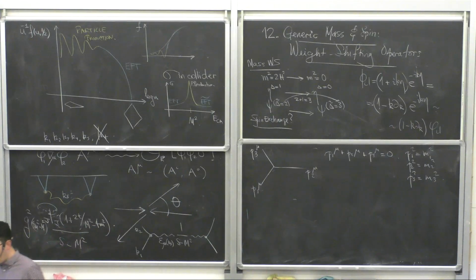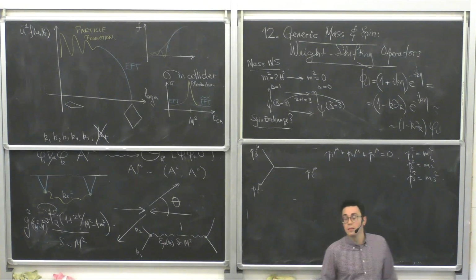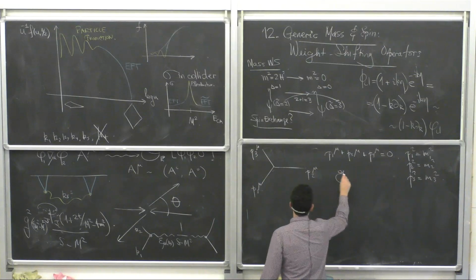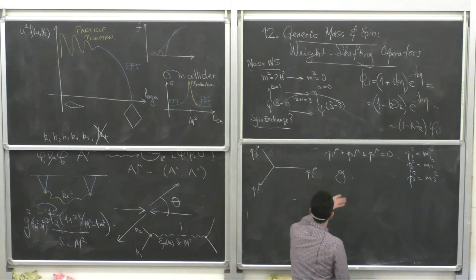The answer is 1. What is it? What is the only thing you can build? Just a constant. That's the only thing you can build. It can depend on the masses also, but it's just a constant.